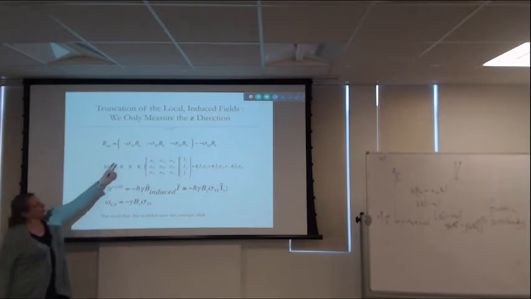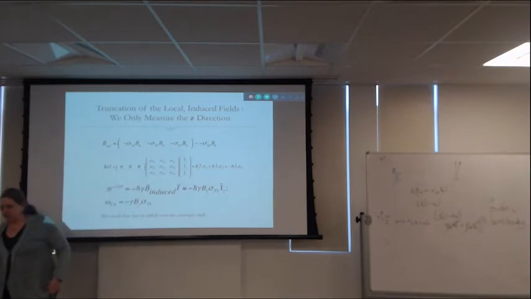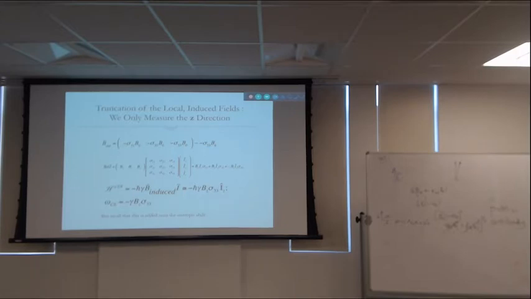We're saying, you know what, these are so small compared to B naught that when I add them vectorially, they're gone. That kind of argument is usually what underlies truncation. Truncation means a simplification of a Hamiltonian that has the effect of removing things that are different to the strongest term.